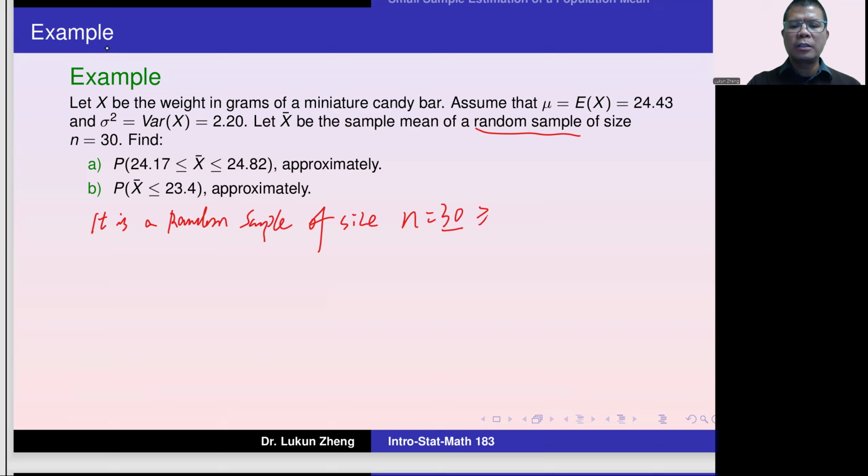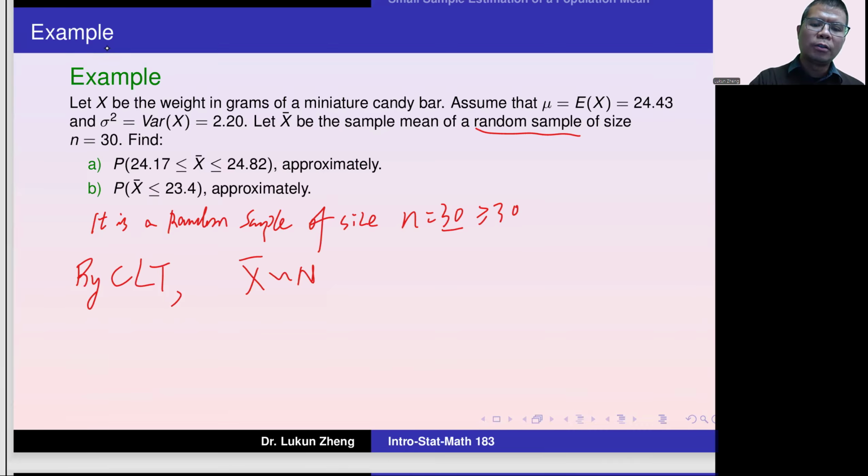Now 30 is greater than or equal to 30, so that satisfies the condition. So by CLT, X bar is normal with the same mean, which is 24.43, and variance sigma squared over n. Sigma squared is 2.20 over n, n is 30.